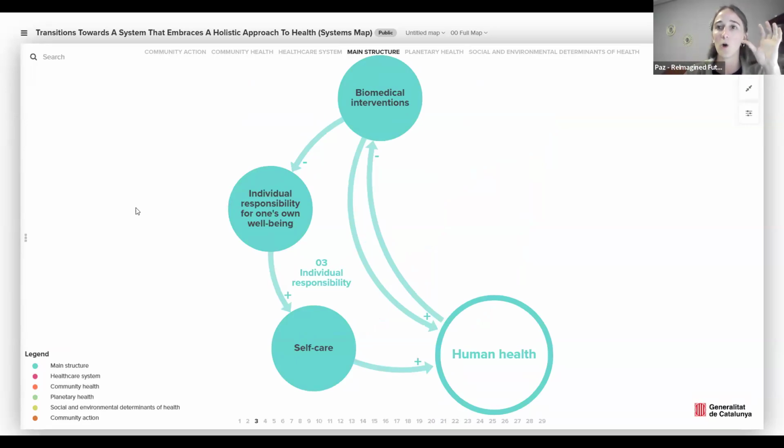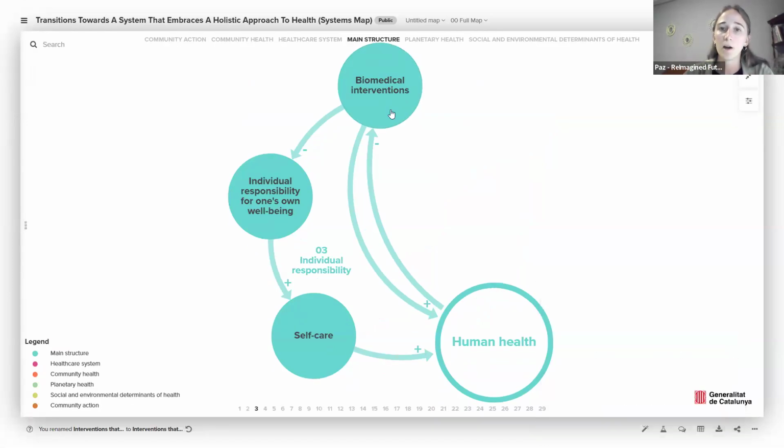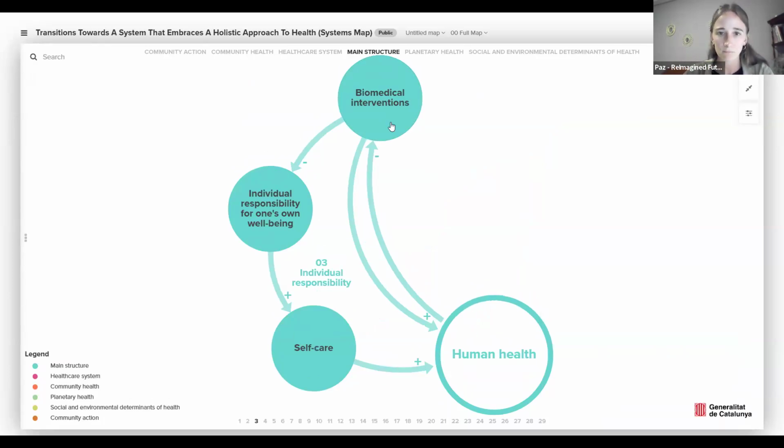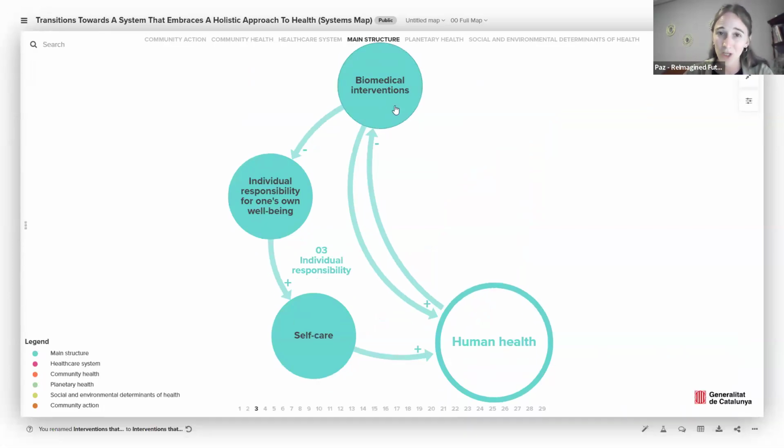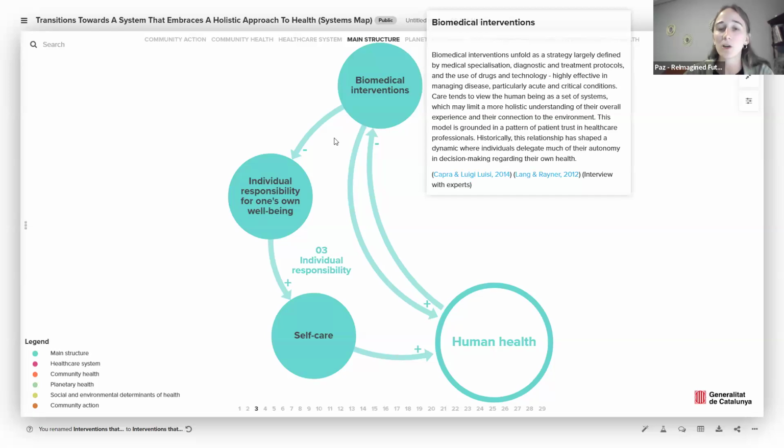And the third dynamic of this main structure is also a systems archetype, and this is totally a coincidence. We don't always have systems archetypes in the main structures. It is called fixes that fail. So in a fixes that fail, a problem symptom, again, health issues, is tackled by a symptomatic solution, but this has unintended consequences.